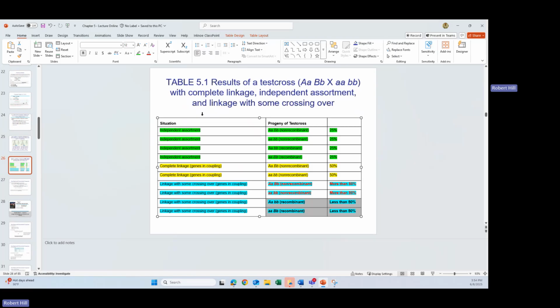We're not looking at 9 to 3 to 3 to 1 stuff. This is test crosses, which means 25% across the board for Mendelian and 1-to-1 for linkage, and then various values for linkage with some crossing over, but the non-recombinants are always going to be more than 50%. They are the greater number of individuals in the progeny, and the recombinants are going to be less.